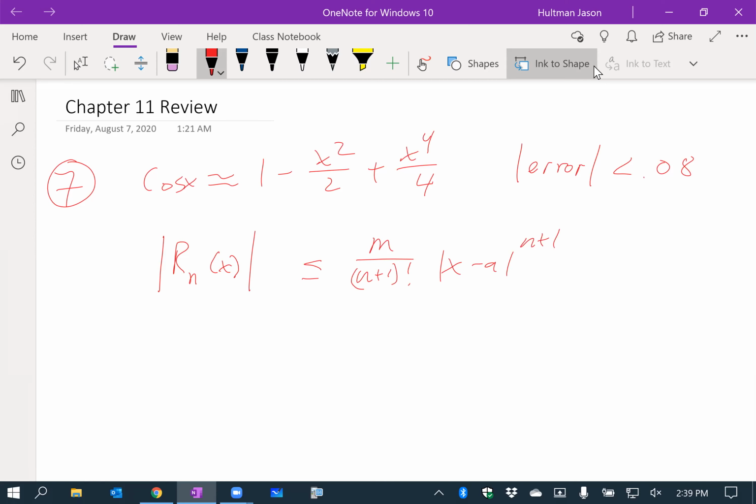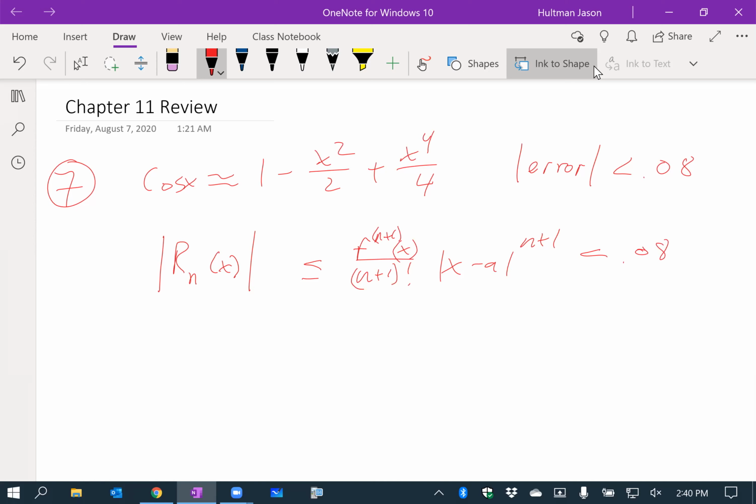M is the n plus 1th derivative, sorry. Let's just do f of n plus 1 derivative of x. That's really what M is anyway. And we want this to be less than 0.08.